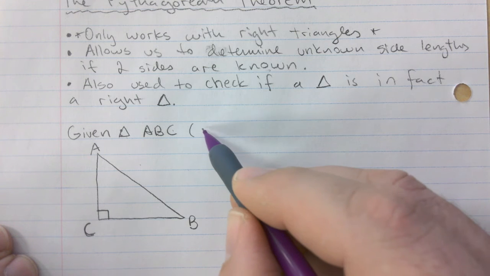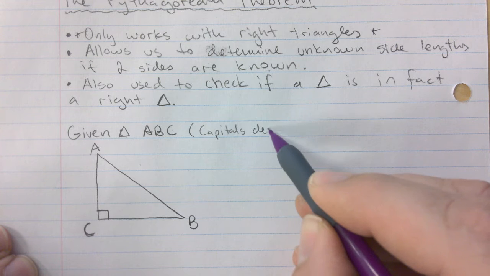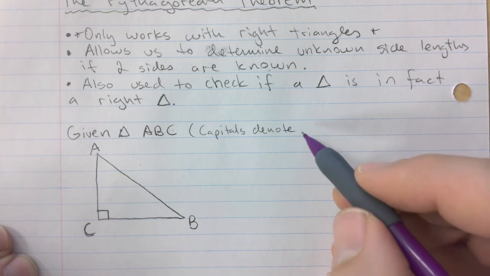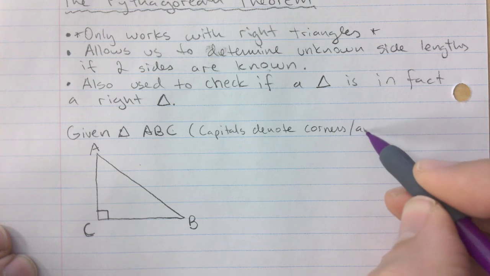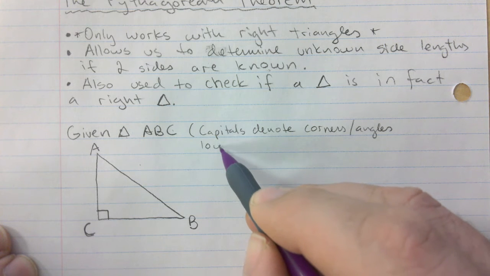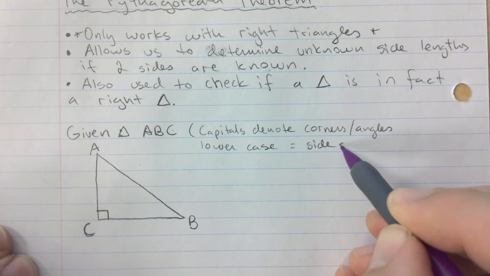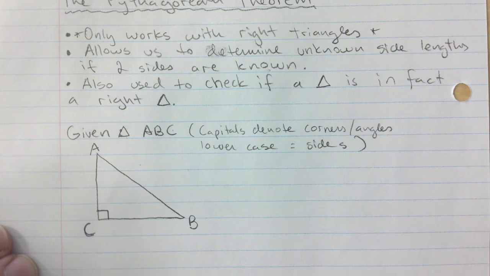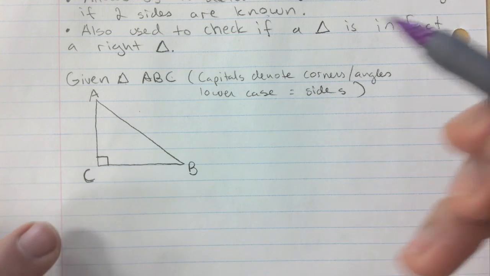We'll make a note here. Capitals denote corners or angles, right? Lowercase is equal to sides. I forgot to mention this earlier, but I think I did this at the beginning of the year when we were reviewing.